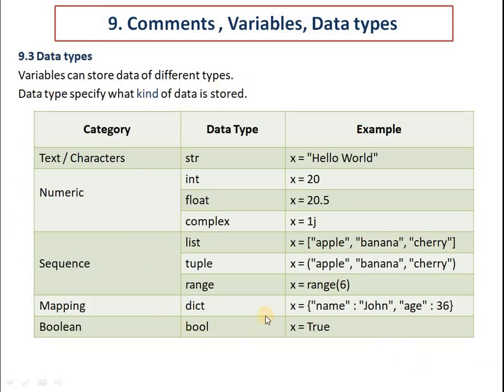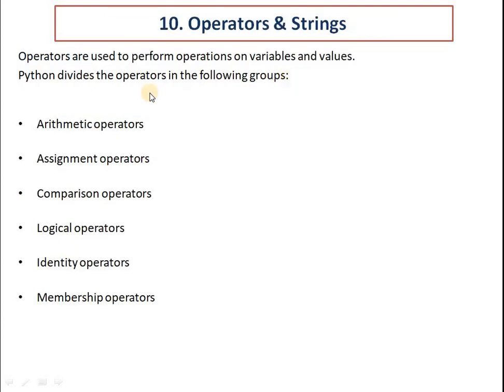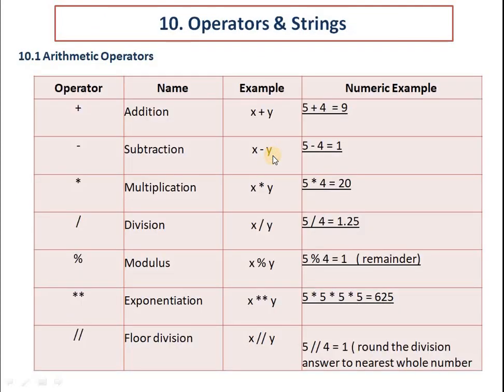We had discussed various kinds of data types, and today we will be discussing list, tuple, range and dictionary in level 3, and we will be doing various programs related to these data types: list, tuple and dictionary. Then we discussed the various operators available and example operations.